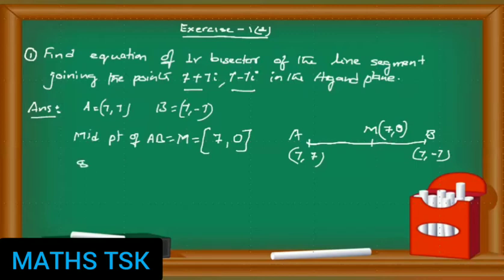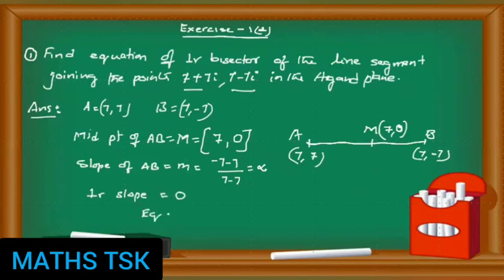What is the slope of AB? Slope of AB is m is equal to (y2 minus y1) by (x2 minus x1). This becomes infinity. Perpendicular slope is equal to 0.